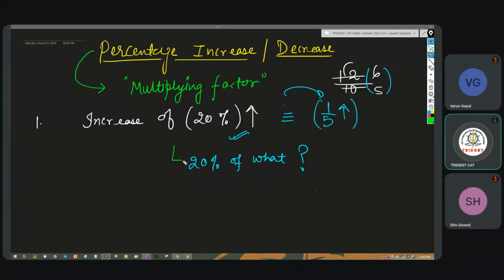When I say increase of 20%, Varun said 1.2, and I get the multiplying factor 6 by 5 from that 1.2, but I will arrive at the multiplying factor a little differently.